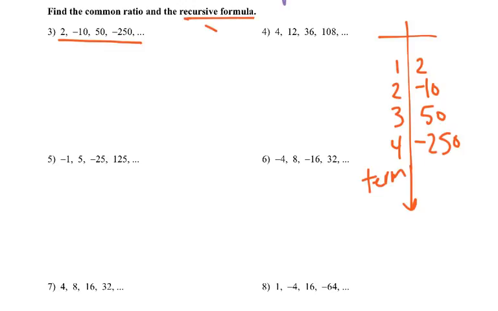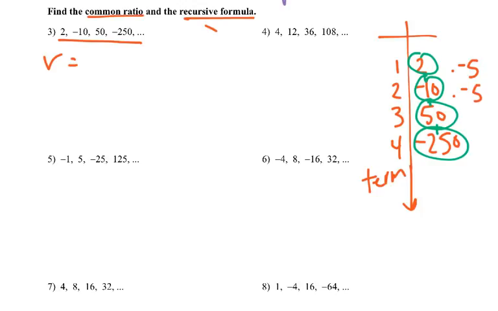Now, recursive connects these output numbers using the common ratio, which from 2 to negative 10, negative 10 to 50, we'd be multiplying by negative 5. So my common ratio is times negative 5.